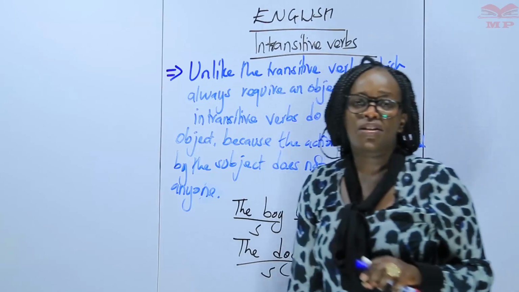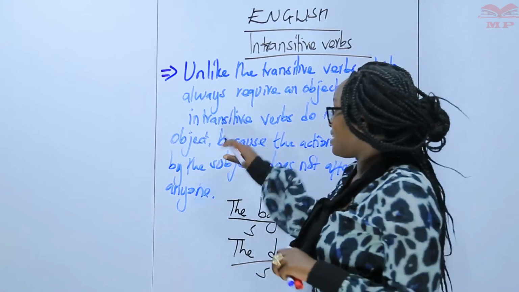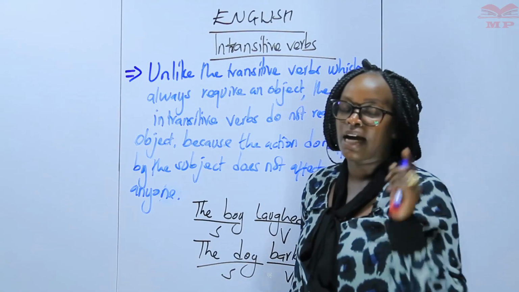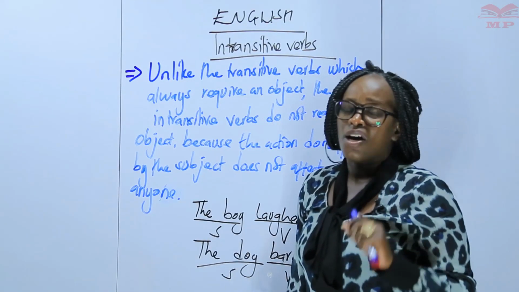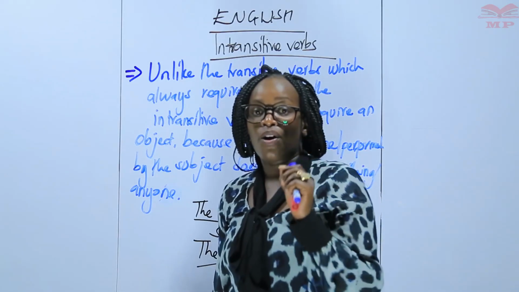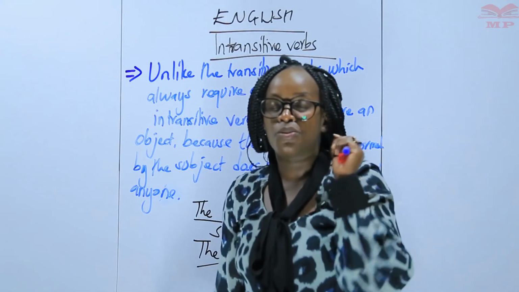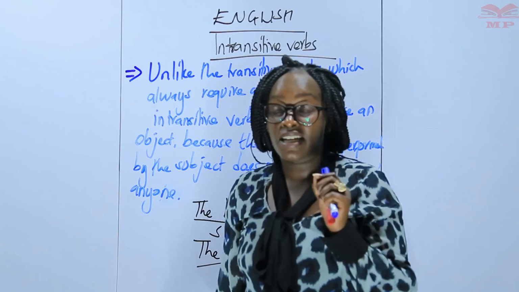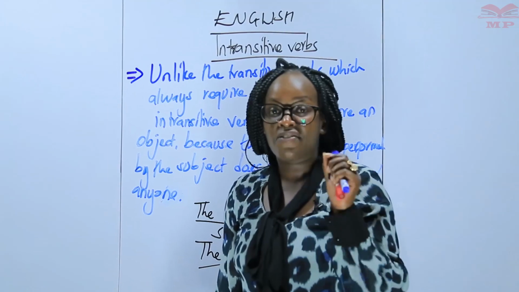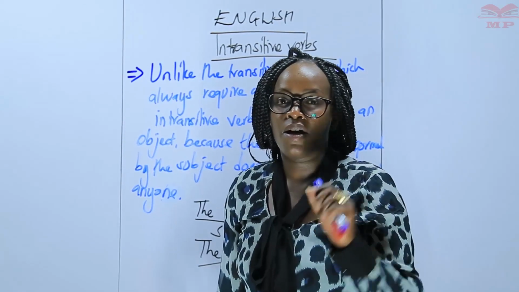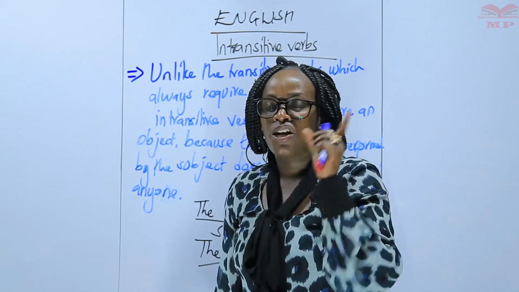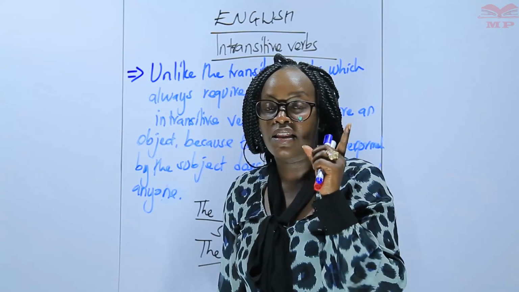Also, it is not all the time that the intransitive verbs are going to follow this order, where a sentence only has a subject and a verb. Unlike the transitive verbs, where we said the work of the object is to tell us the person that is affected by the action performed by the verb, with the intransitive verbs, the work of whatever comes after the verb is to give us more details pertaining to the action.